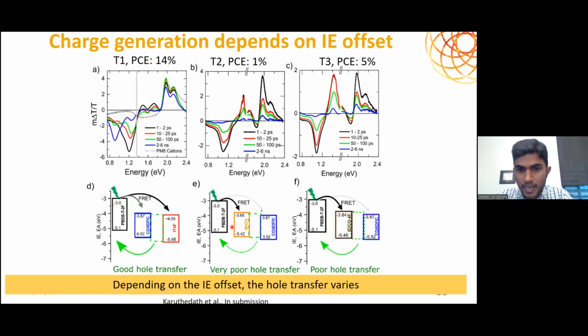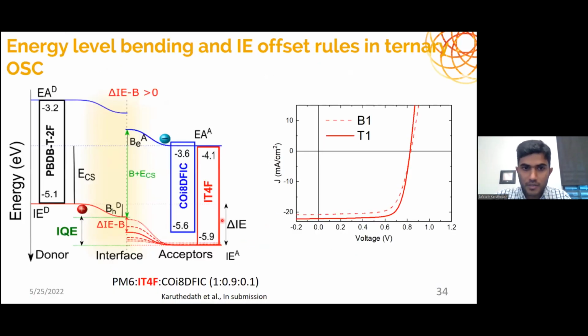making an IICO-based solar cell by adding more IT4F content. In general, when it is a low IT4F content, it didn't work, but when you keep adding the IT4F content, it started working. So again, here also the energy level bending is the bottleneck, even though when you have two systems together, they have a combined or weighted average IE offset.